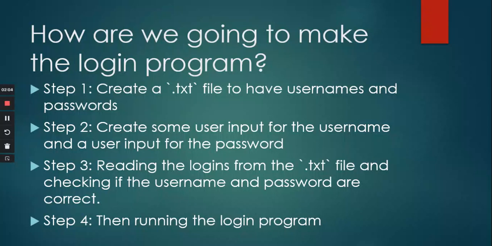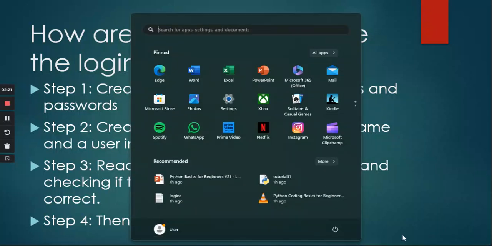So this means Python will read the text file to see the usernames and passwords and check if they are correct, and therefore we'll run the program for the logins. So now let's get right into it.